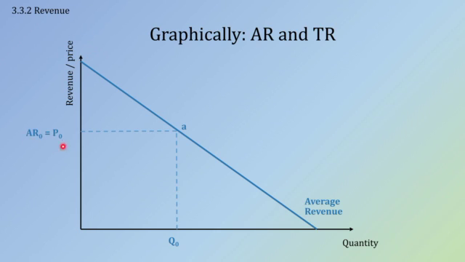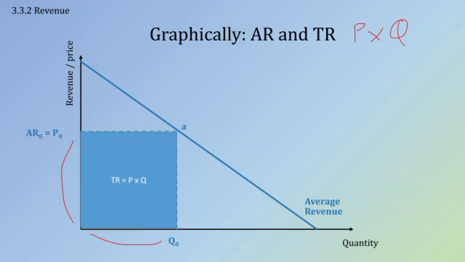And so because average revenue is always price, you can see that the average revenue equals the price. Because we also need to work out total revenue, we can remember, I hope, that that was P times Q, so we can simply take the price, multiply it by the quantity, and we get the box there. Total revenue is P times Q.